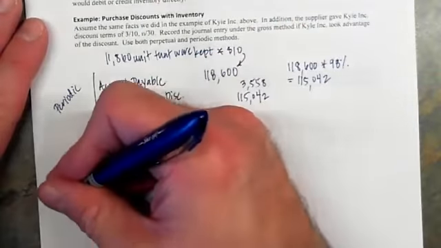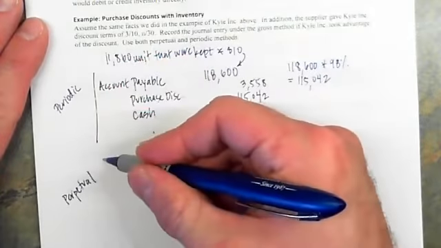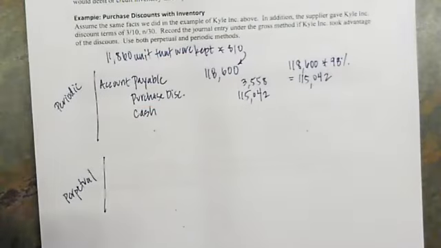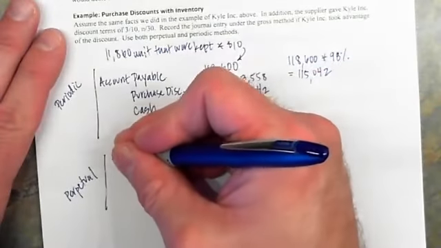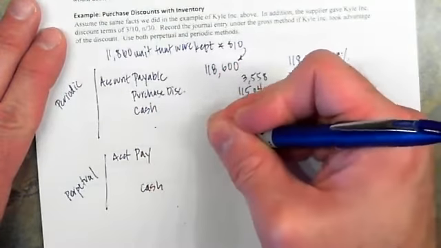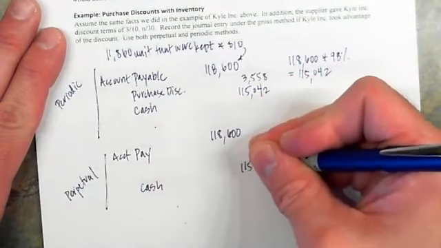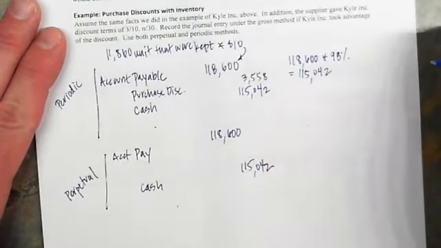Now, under a perpetual system, remember, we don't use that purchase discount account. So how do we record it? Then it's the same entry, accounts payable for $118,600, cash for $115,042.